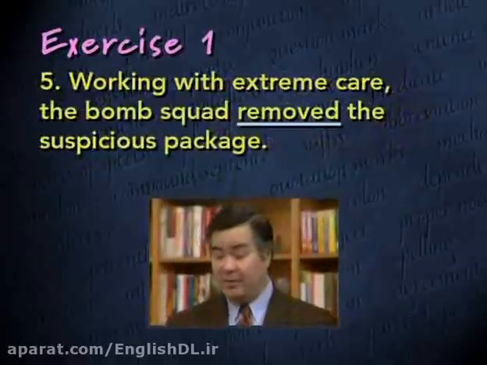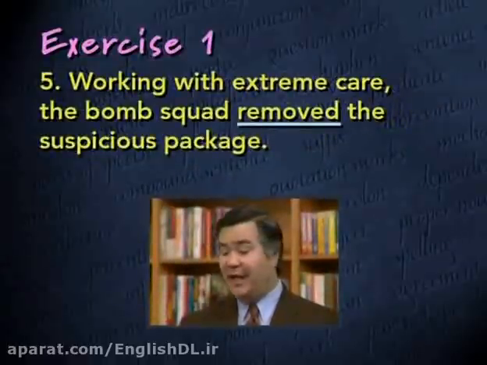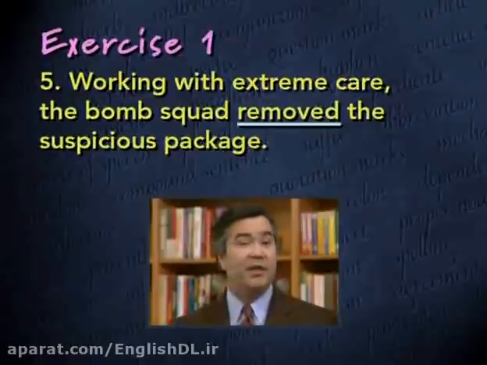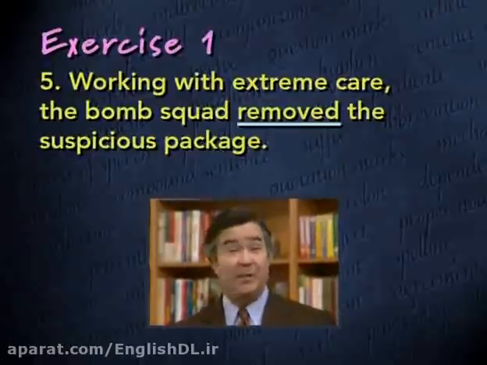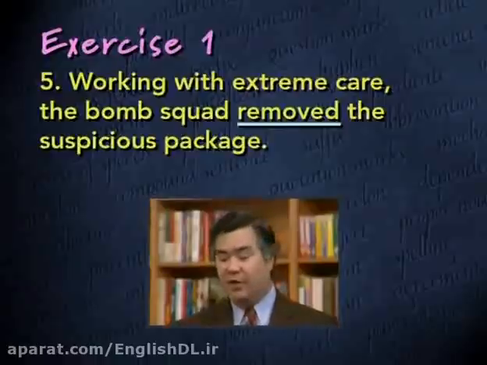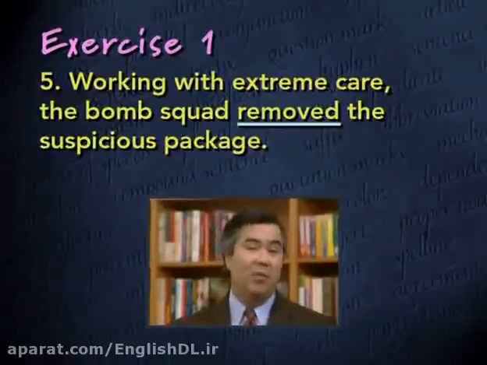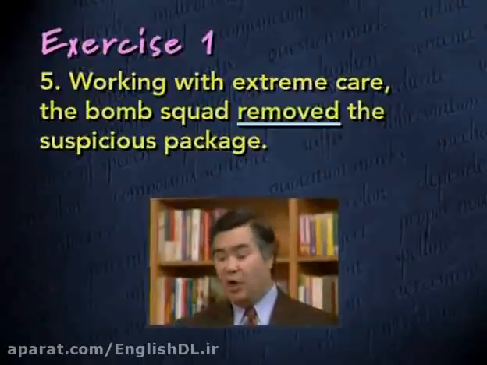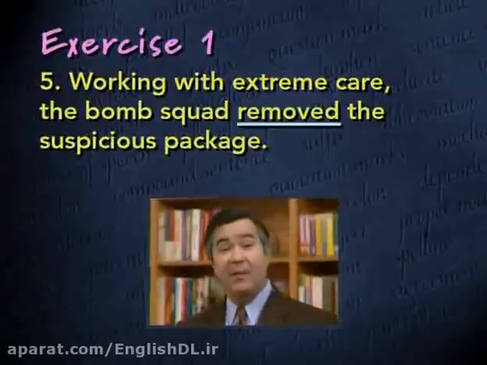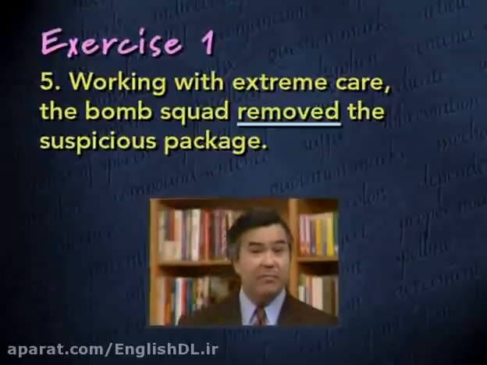Our next example. Working with extreme care, the bomb squad removed the suspicious package. In this sentence, the verb removed has been underlined, and the subject of the verb is the bomb squad, or specifically the word squad. Now, what did the bomb squad remove? Is there an object for the action of this verb? Yes, there is.